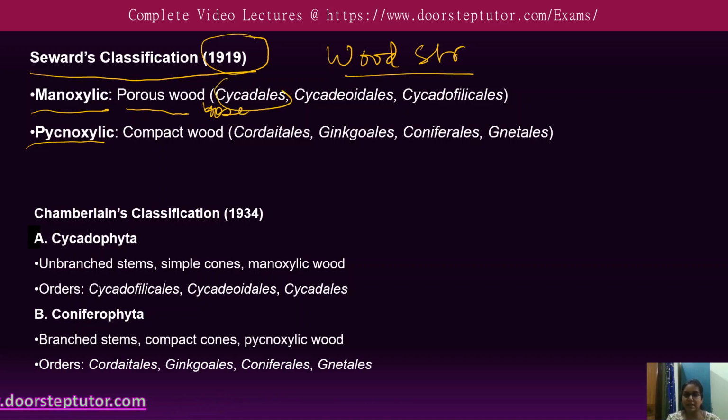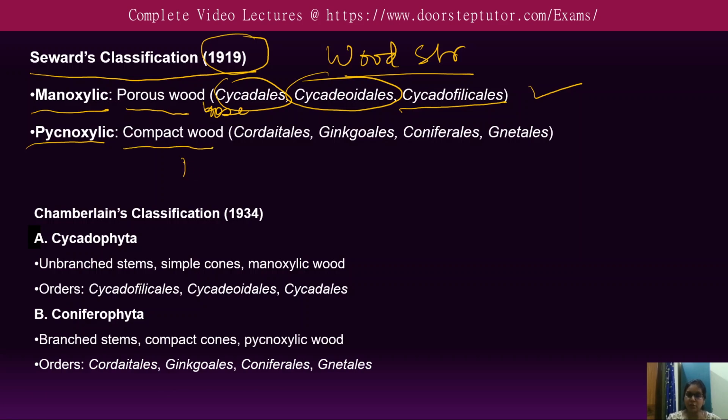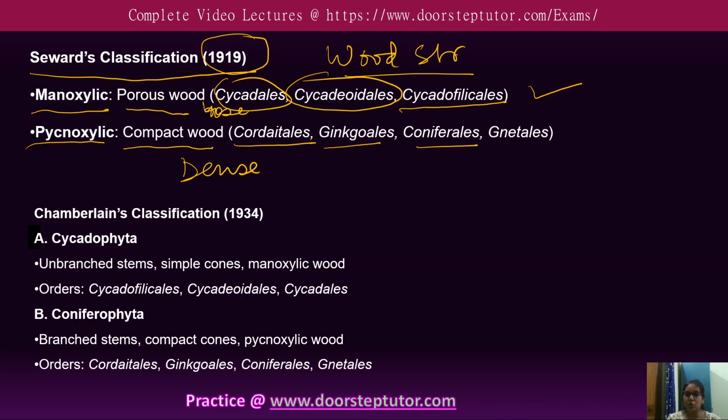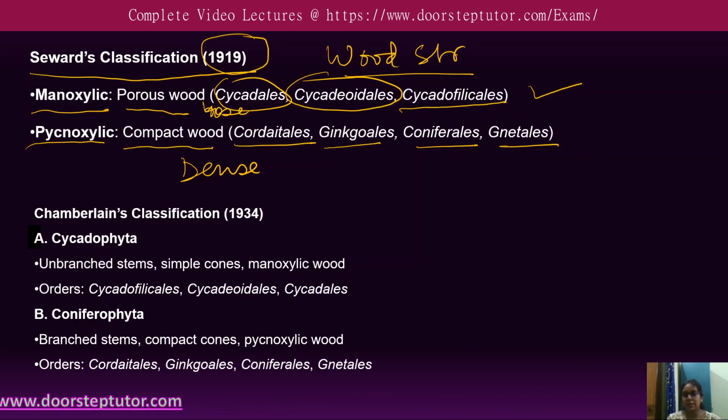Examples include the Cycadales, Cycadeoidales, and Cycadofilicales. So these have the porous wood, while the pycnoxylic wood is compact and dense, we can say, which is included in these groups: the Cordaitales, Ginkgoales, Coniferales, and the Gnetales.